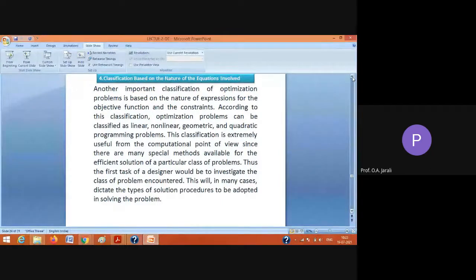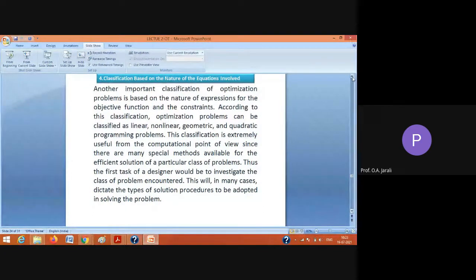This classification is extremely useful from the computational point of view, since there are many special methods available for the efficient solution of a particular class of problems. Thus, the first task of the designer would be to investigate the class of problem encountered. This will, in many cases, dictate the types of solution procedure to be adopted in solving the problem.